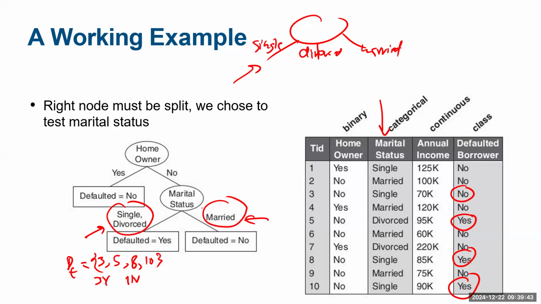Now for Married, right? So for Married, what is my DT? So my DT would be on the one with no homeowner, and then the marital status would be Married. So we have number 2, number 6, and then number 9.